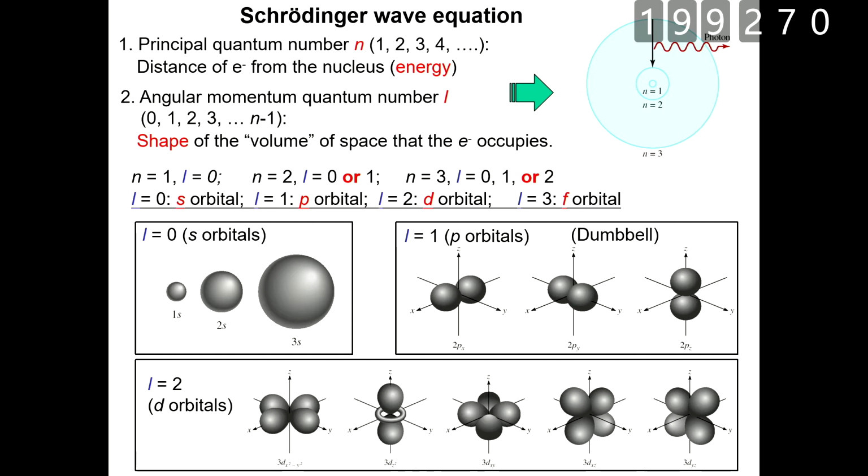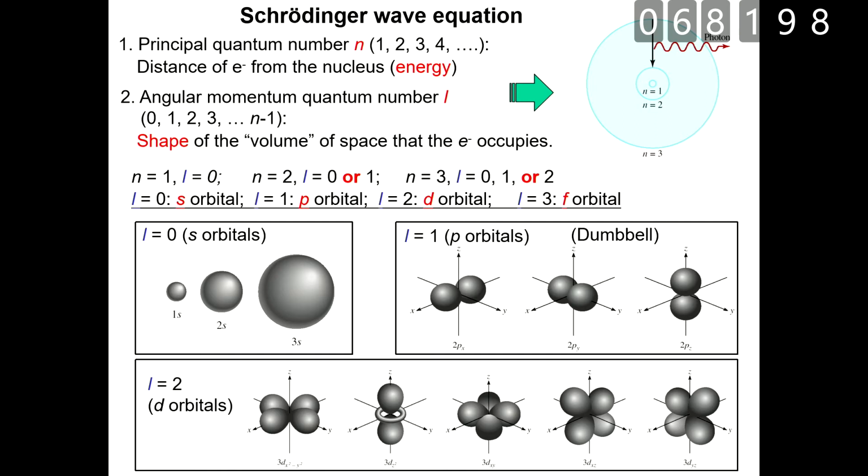In the atoms, if the electrons have a high n number, how about their energy? Their energy is high or low? High, yes. So basically, the electrons in outside orbitals have high energy.